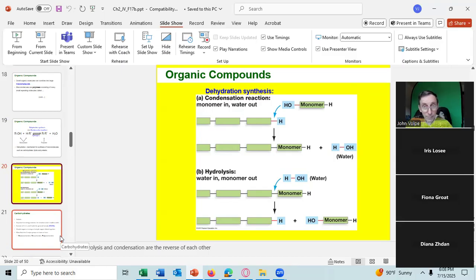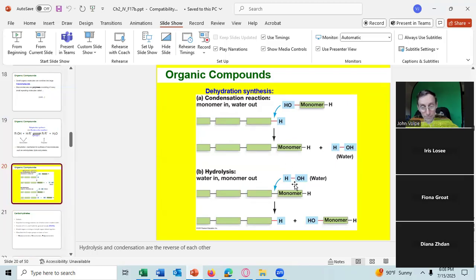So when you're eating a bunch of glucose or other sugar, you will undergo dehydration synthesis in your liver to make glycogen. We don't make starch, we make glycogen in our liver.